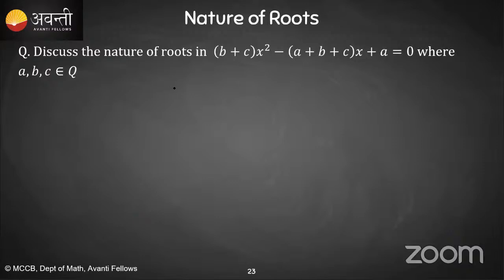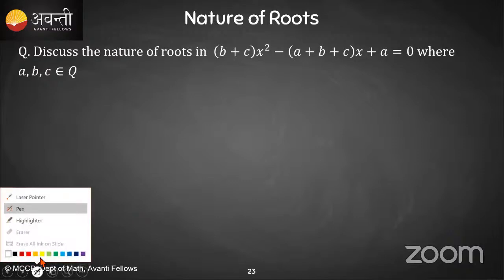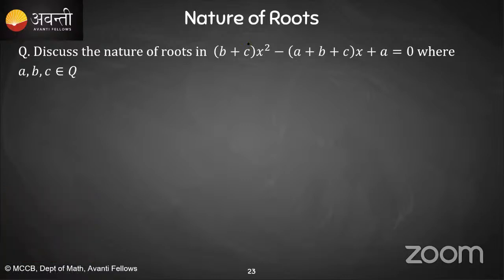Okay. So now let's solve questions on it. The first question is: discuss the nature of roots in (a plus b plus c) x square minus (a plus b plus c) x plus a equal to 0, where a, b, c are rational. To find the nature of roots, I have to see whether the roots are real or imaginary, or equal or not.